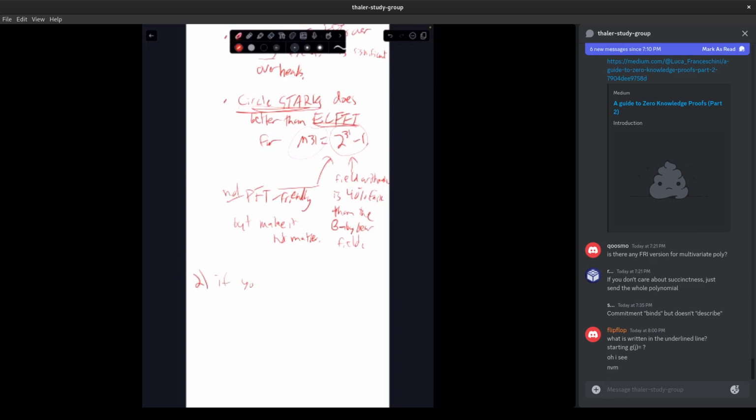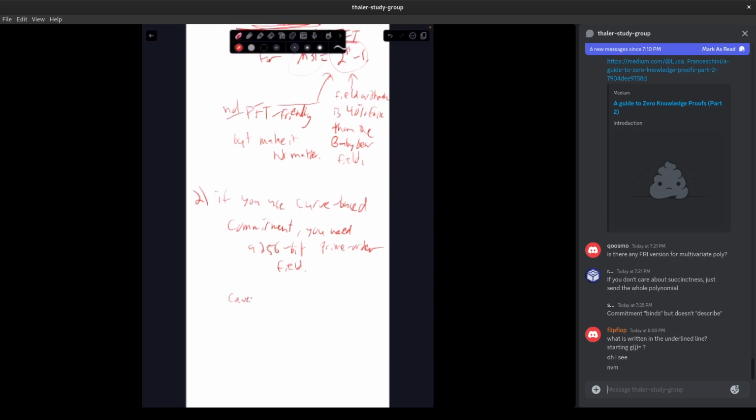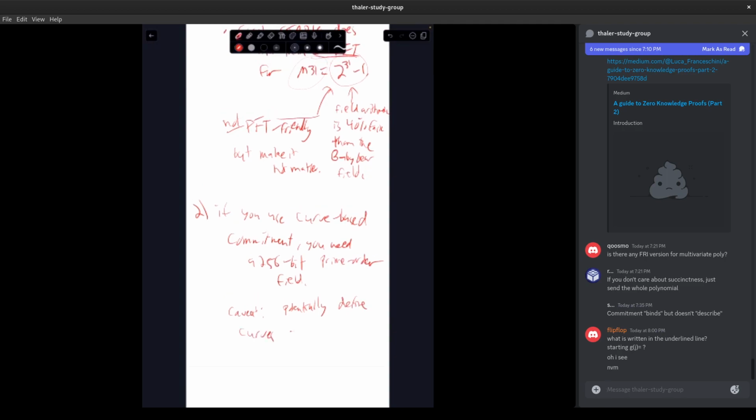If you use a curve-based commitment, then curves can only work over big fields. So you need a 256-bit or bigger, typically prime order field. Now, caveat: people have looked at potentially using curves to define secure elliptic curves over, say, a degree 5 extension of Goldilocks.